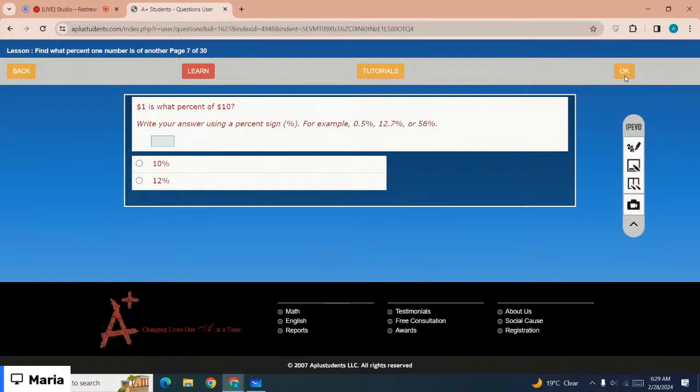1 is what percent of 10? Which is the correct option? Yes, the correct option is 10%. Option number one is the correct option.